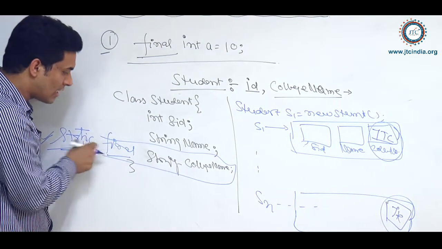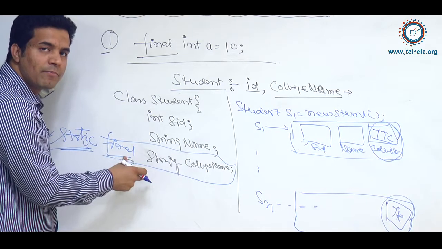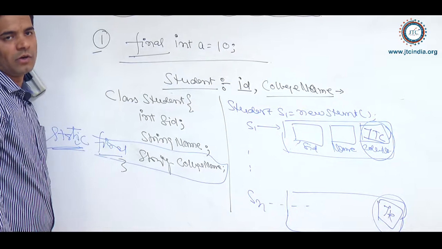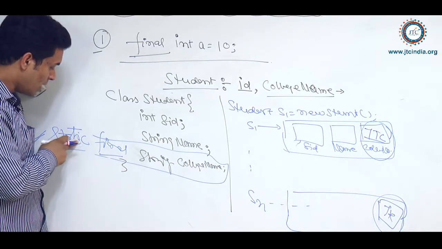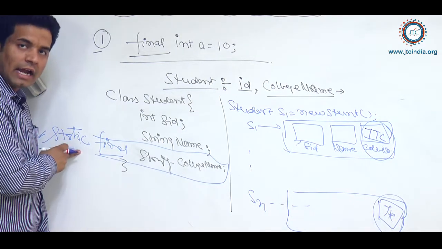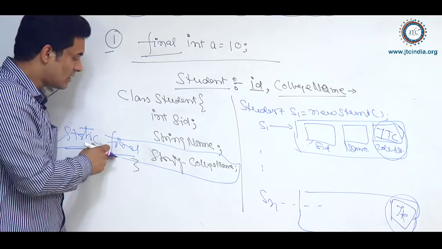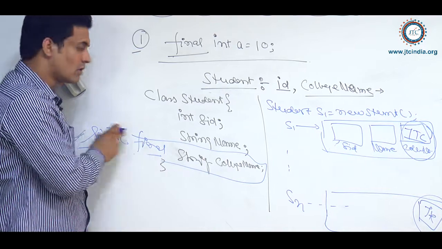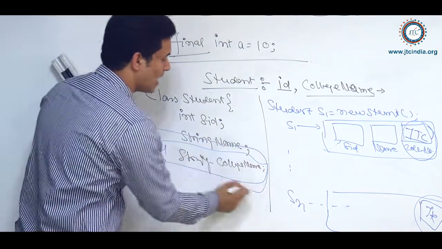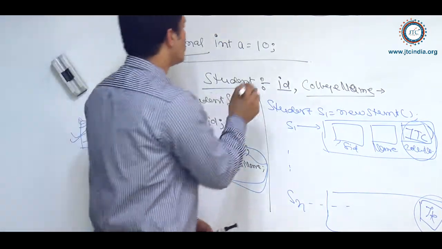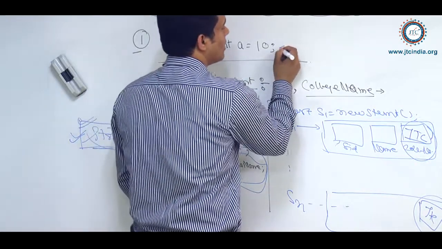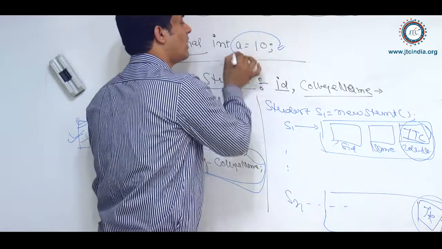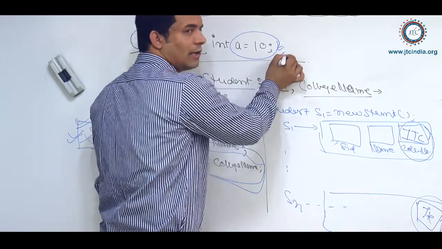So if it is a static final variable, then it is the actual constant in the case of Java, which means the memory is allocated only once and the value will not be changed for this variable, since it is final. So this is what a static final variable is. And as I was saying, when you declare final A, again and again memory will be allocated for A as per the number of objects you create.